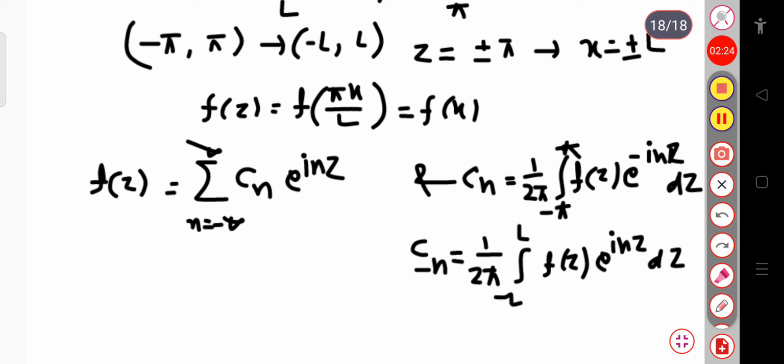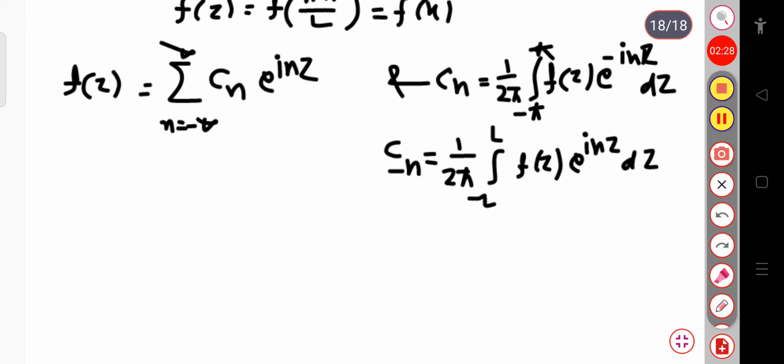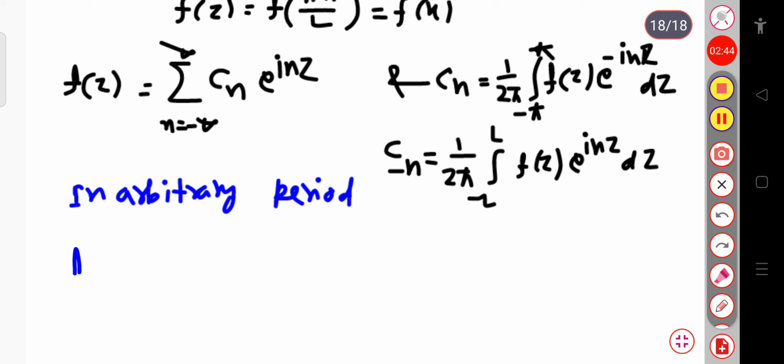Now this is for the interval minus pi to plus pi, but if I consider the arbitrary period, let me write it properly. This function f of z can be written in terms of f of x.